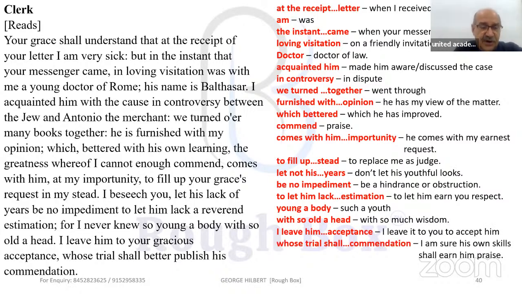I leave him to your gracious acceptance. I leave him to you to accept or not, and whose trial shall better publish his commendation. Let him judge the case, and I assure you, his skills in deciding the matter will earn him your respect.